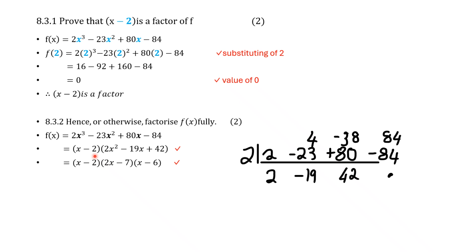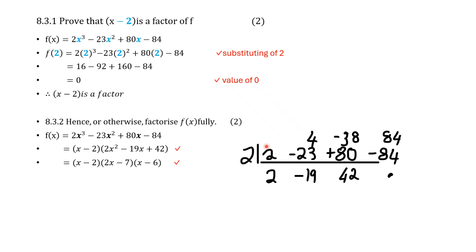So minus 2 times 2x squared would give me minus 4x squared. To go from minus 4x squared to minus 23x squared, how many x squareds are short? Negative 19x squared. So negative 19x times x gives me negative 19x squared, and minus 4x squared gives me minus 23x squared.